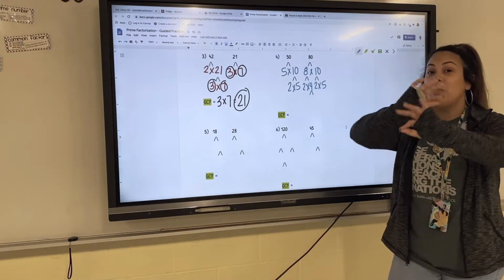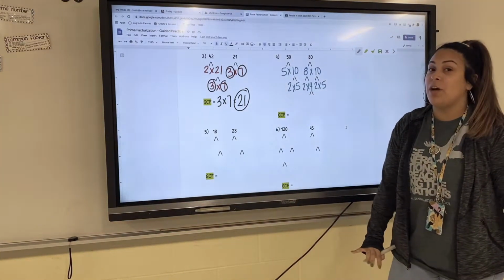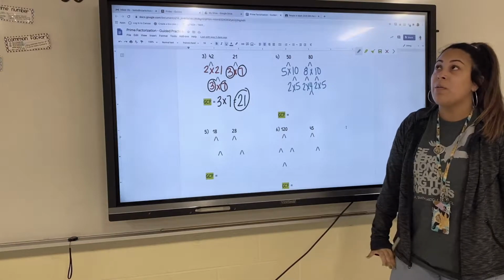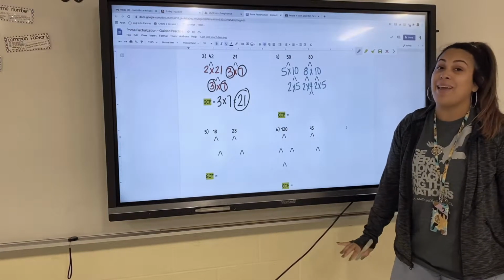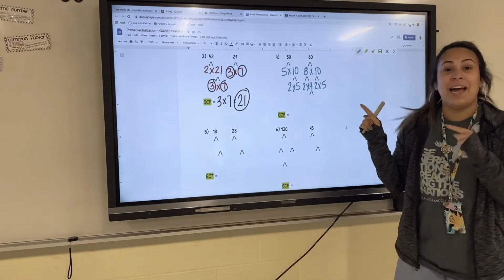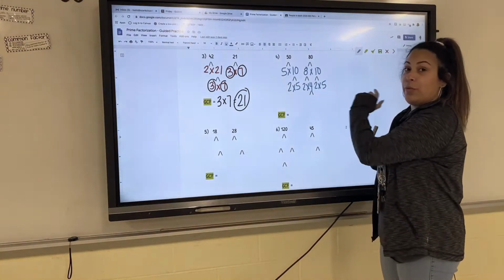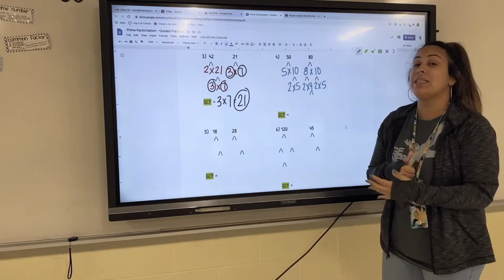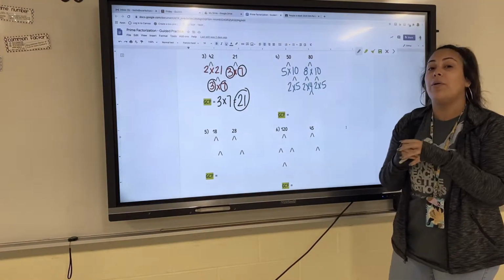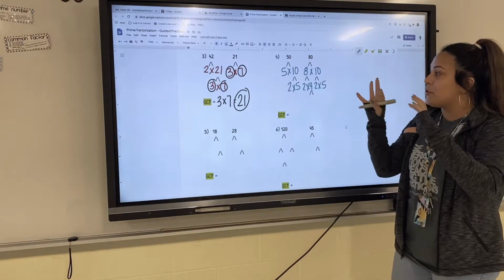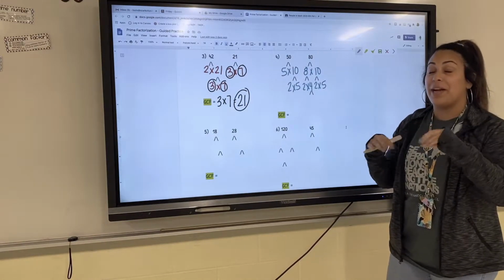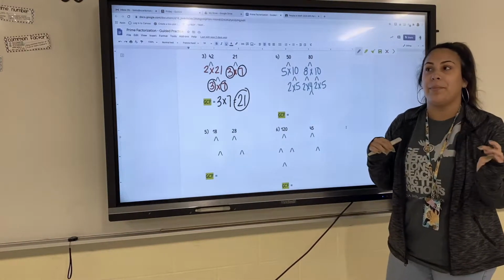But we are not done. As much as y'all probably like, Miss Soto, can we be done with this problem already? Listen, same. But we got to finish it out. So there is a branch right here with 4 because 4 is not a prime number. Our goal, remember, is to make all of the numbers remaining at the end of the branches to be just prime numbers.